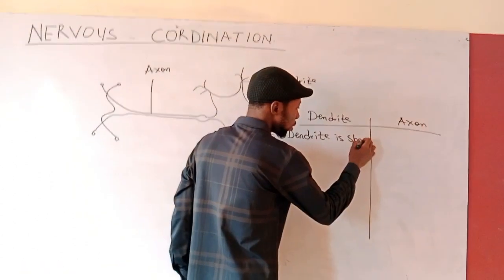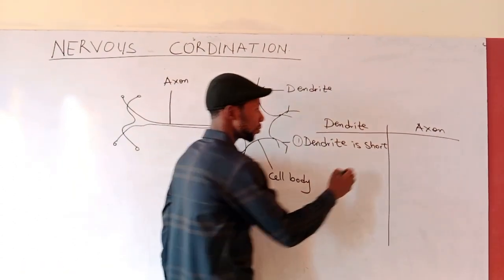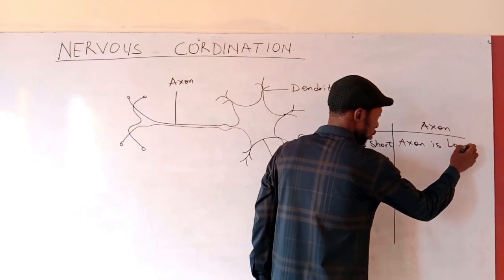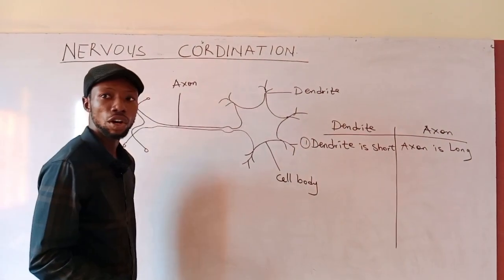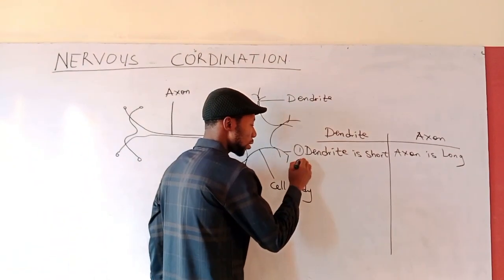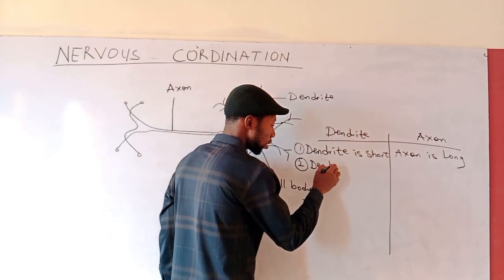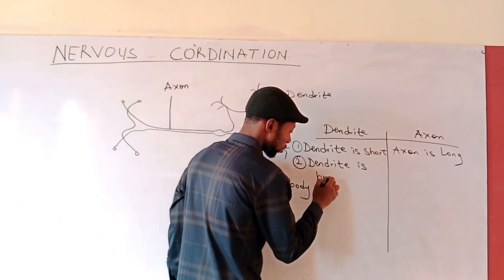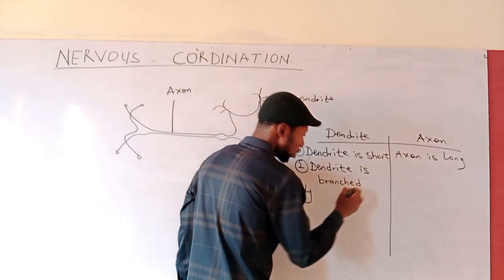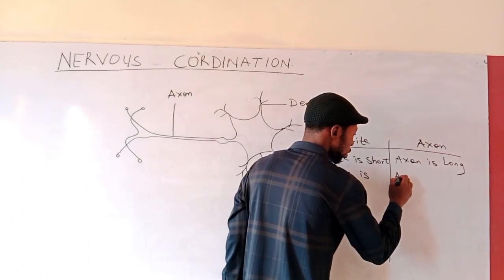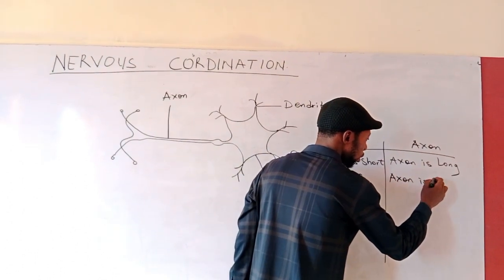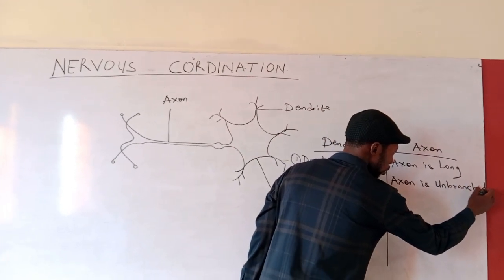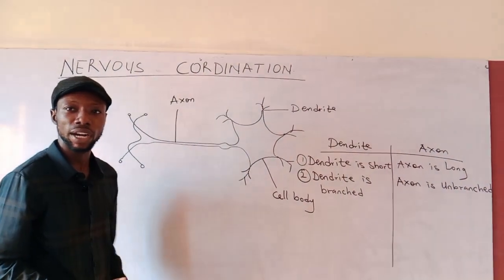Dendrite is short, axon is long, dendrite is branched, axon is unbranched.